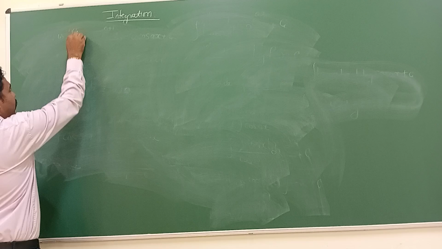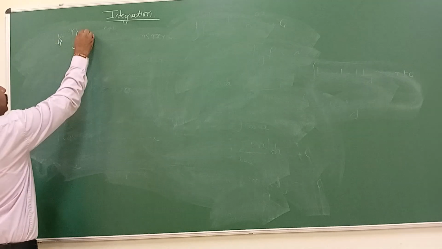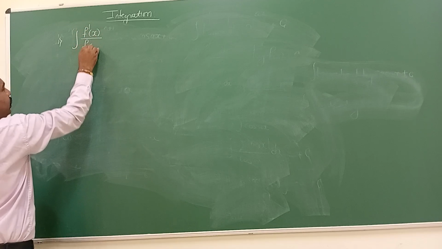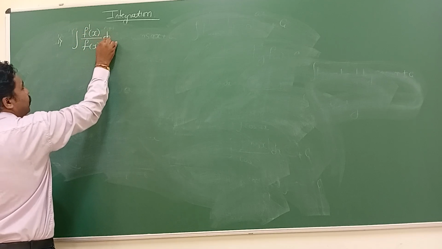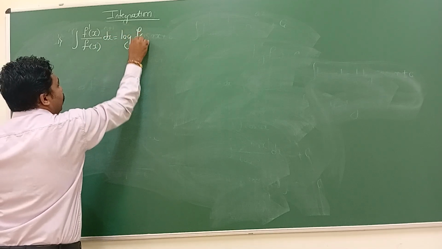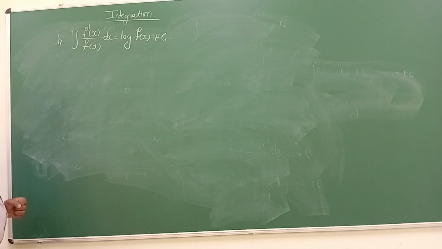First one, as I discussed now, is one important property. That is, if the derivative of the denominator comes in the numerator, the answer is what? Log of denominator, that is log of x plus c. This is one property.